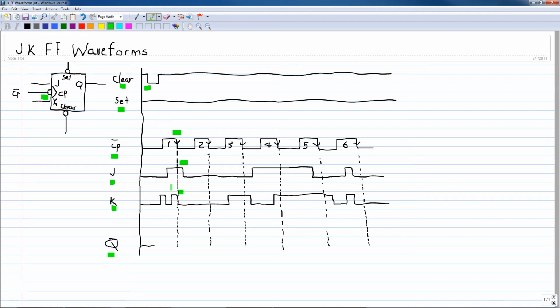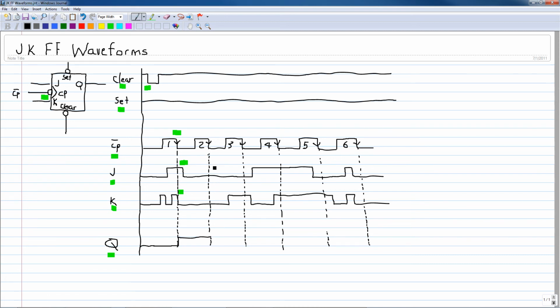So from our knowledge of the transition table, when J and K both equal 1, Q toggles. So at this point in time it will go from a 0 to a 1, and then it will remain so here. It stays that way until the next clock pulse.